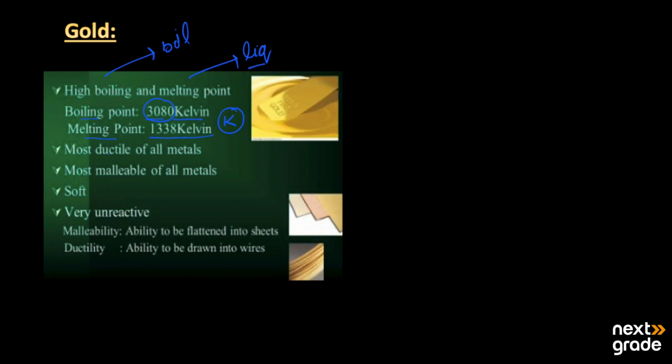Now gold is the most ductile of all the metals. It means it can be easily converted into wires. It is also malleable, which means it can be easily converted into sheets. Here we can see the wires of gold and the sheets of gold.